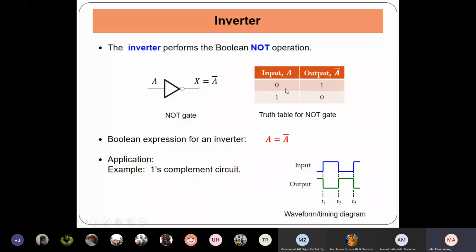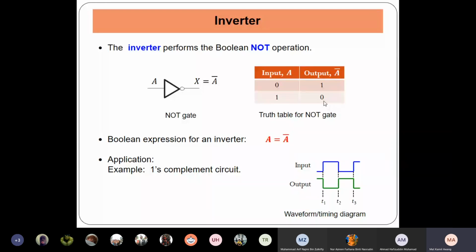The truth table for this NOT gate or inverter is that if the input is 0, the output A bar is 1, the inverse of that. If the input is 1, the output A bar is 0. So it inverts. If it's positive, it becomes negative. If it's negative, it becomes positive. Remember the inverter in the op-amp?